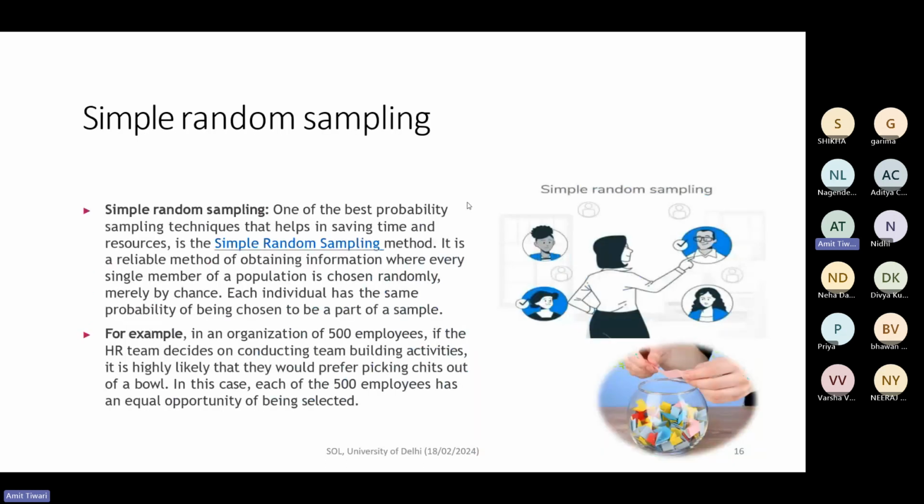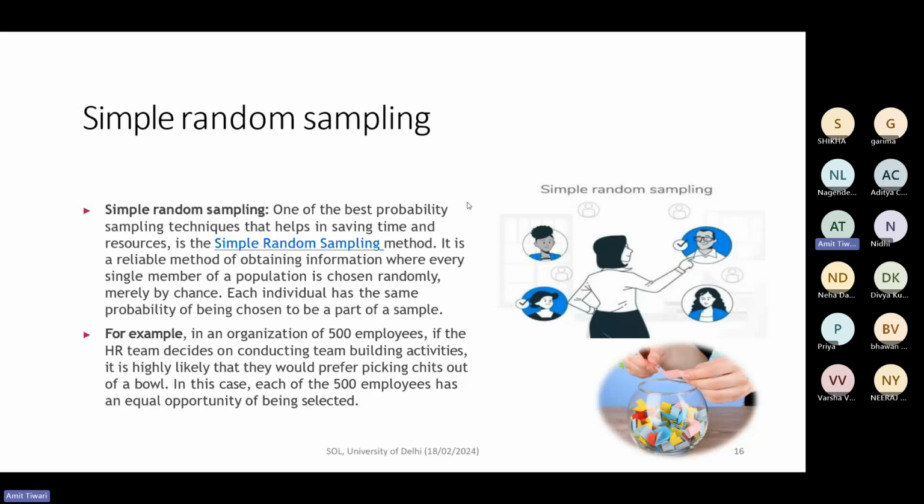Simple random sampling is considered to be one of the most used and best probability sampling techniques that helps save time and effort also. Suppose you want to select anyone from a college or any organization which includes 500 employees.